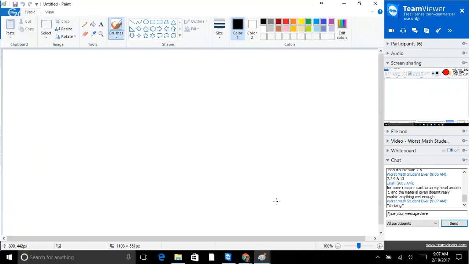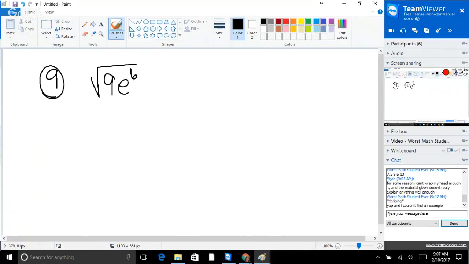Okay, number 9. So this is the square root of 9e to the 6th power. Is that this one? Couldn't find an example. Got it. So the thing to remember with e is that you're going to treat e just like you would treat a variable like x.